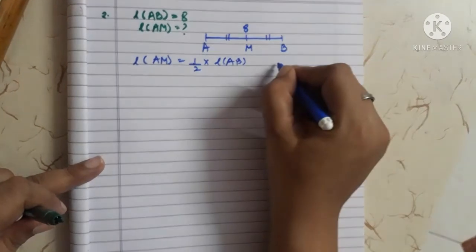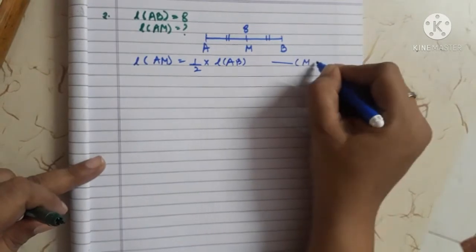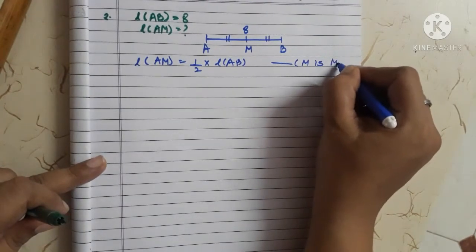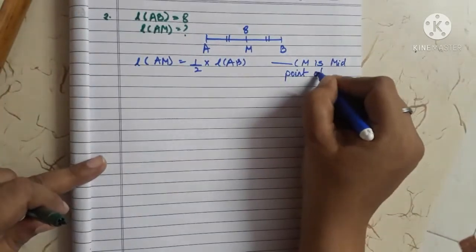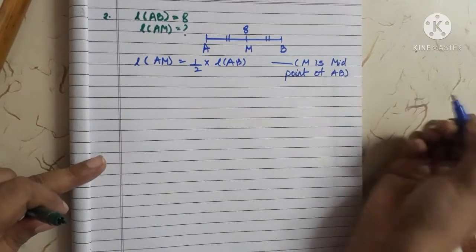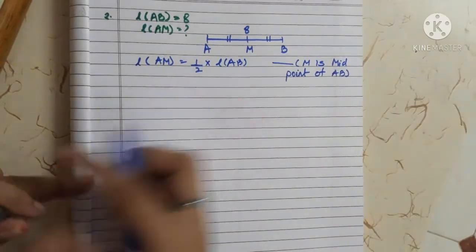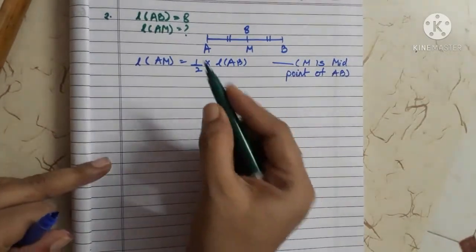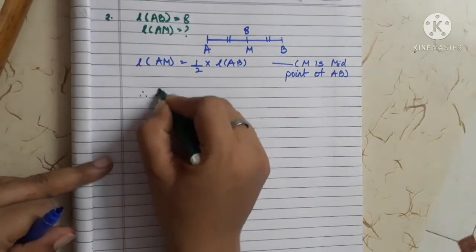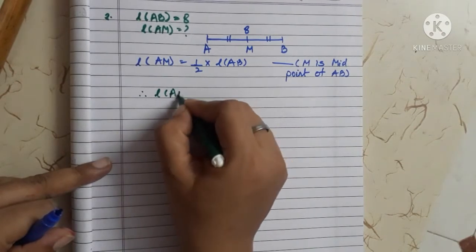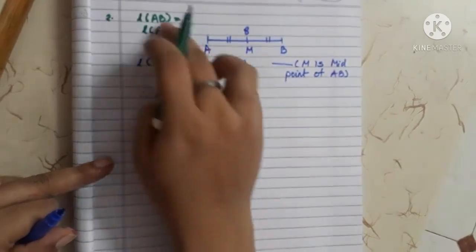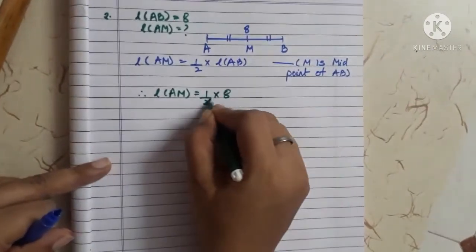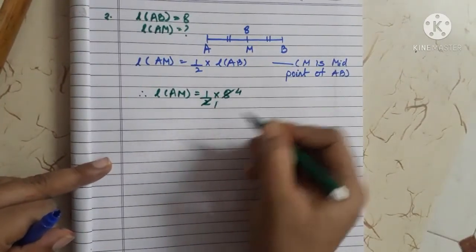Yes, what is the reason? Because M is the midpoint of AB. Okay, now let us substitute whatever value we have here. Therefore length of AM is equal to half into AB, which is how much? 8. 2 ones are 2 and 2 fours are 8.